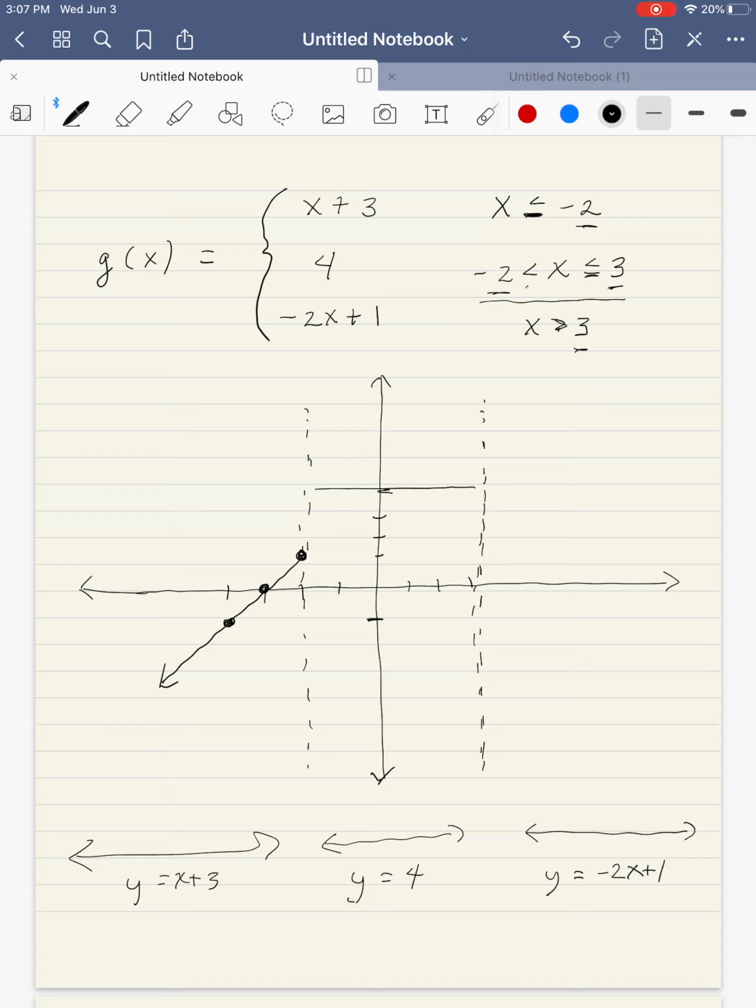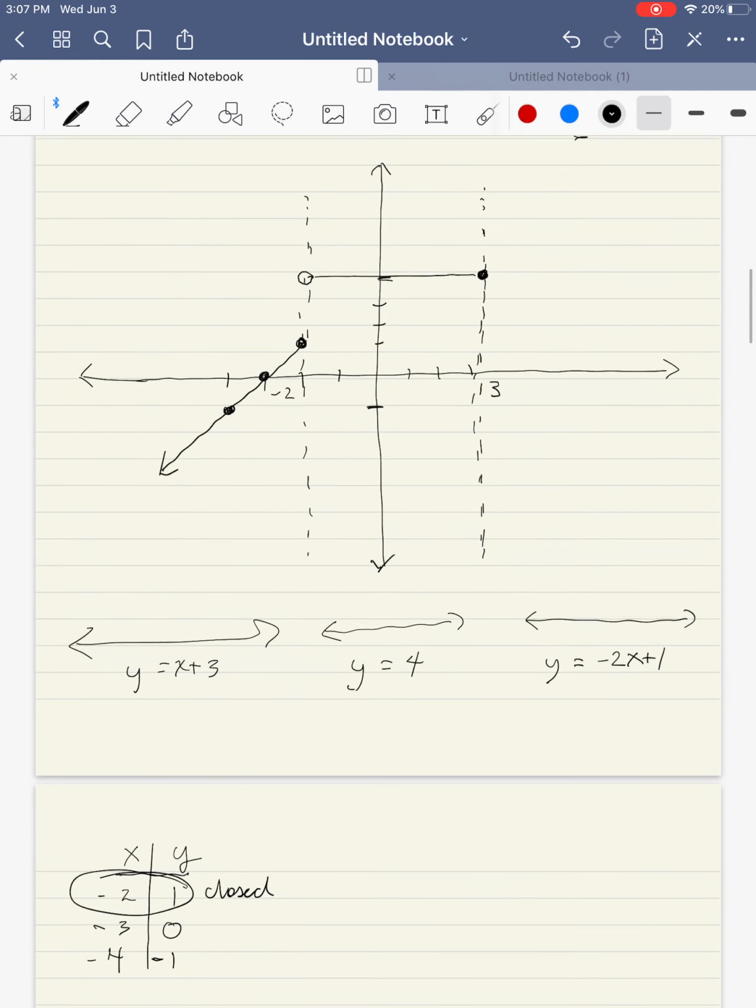So I'm going to have the line, the horizontal line y equals 4, and I'm going to have an open circle here for where x is negative 2, and a closed circle here for where x equals 3. And again, that's because we do not have an equal sign here, and we do have an equal sign here.